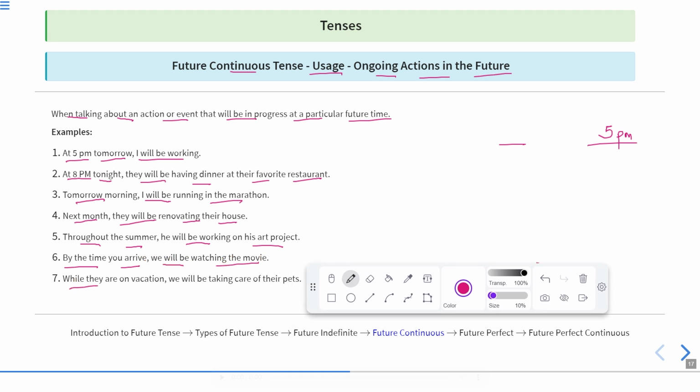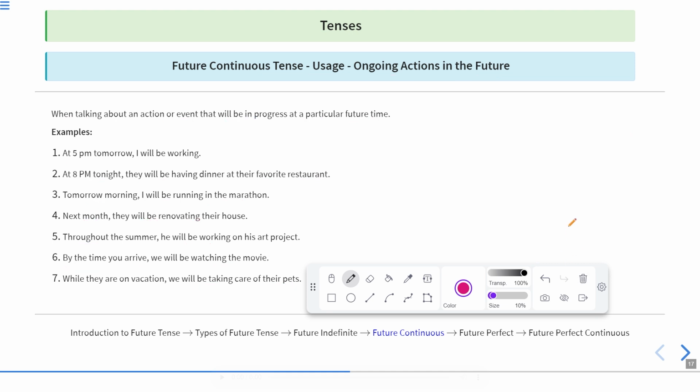Okay. While they are on vacation, we will be taking care of their pets. Okay, so these are the sentences of future continuous tense which show ongoing actions in the future. Okay, so these are the actions that will be going on in the future. Now, these are just imaginations or planning, but what will happen? No one knows. Okay, now let us move to the next.